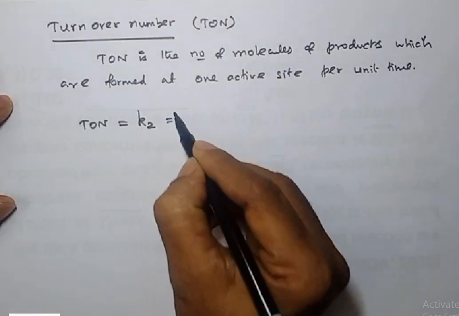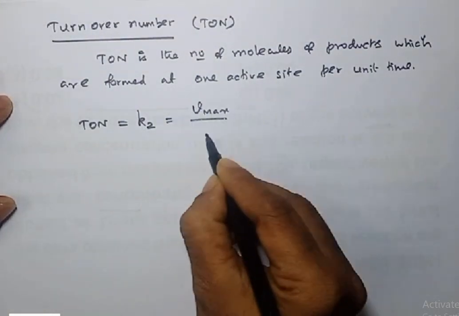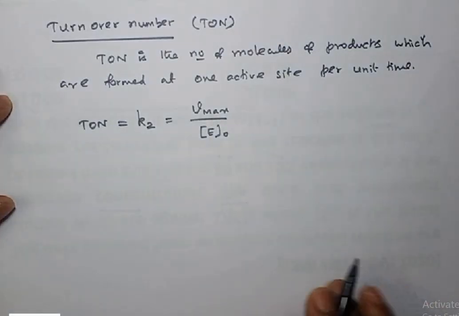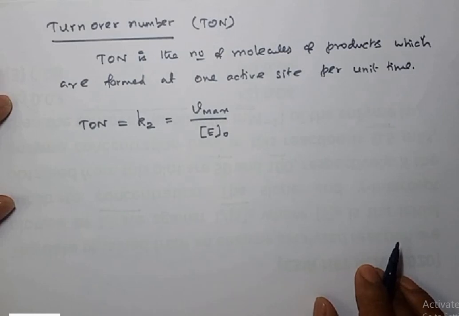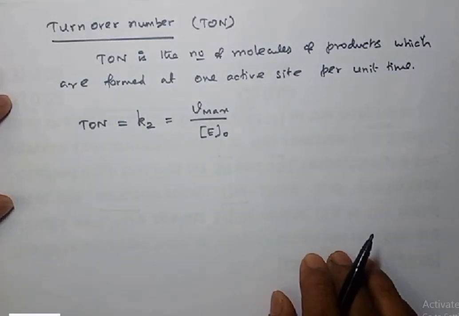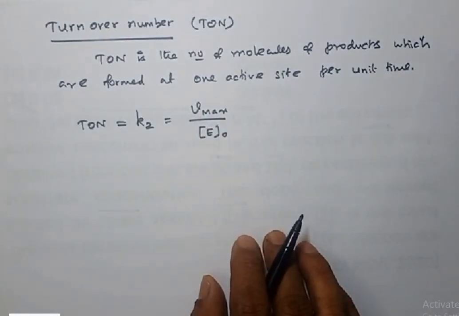You can find K2 by dividing Vmax by the total concentration of the enzyme, or the initial concentration of the enzyme. You can find K2 using this formula. This is called turnover number. And what is catalytic efficiency?